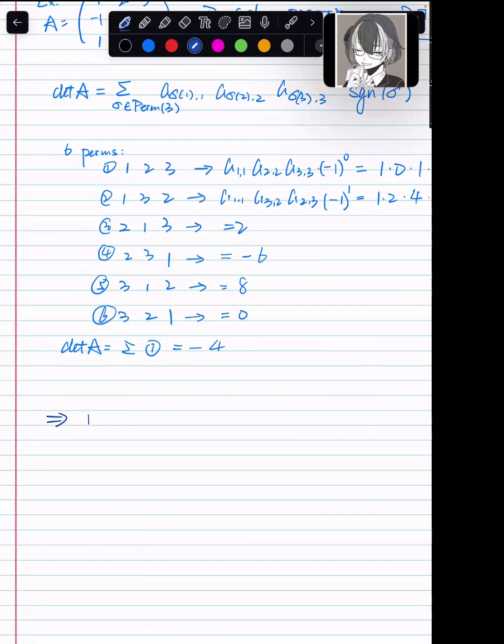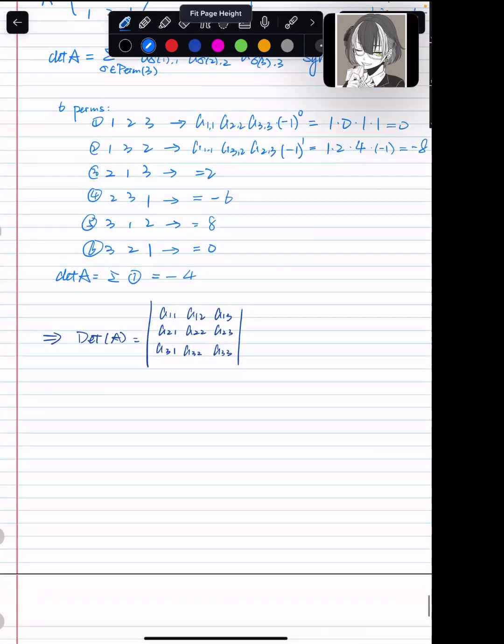So if I have a 3 by 3 matrix and I want to calculate the determinant of A, and if the matrix is written by A11, A21, A31, A12, A22, A32, A13, A23, A33. All right, so this is my matrix and I want to calculate the determinant.